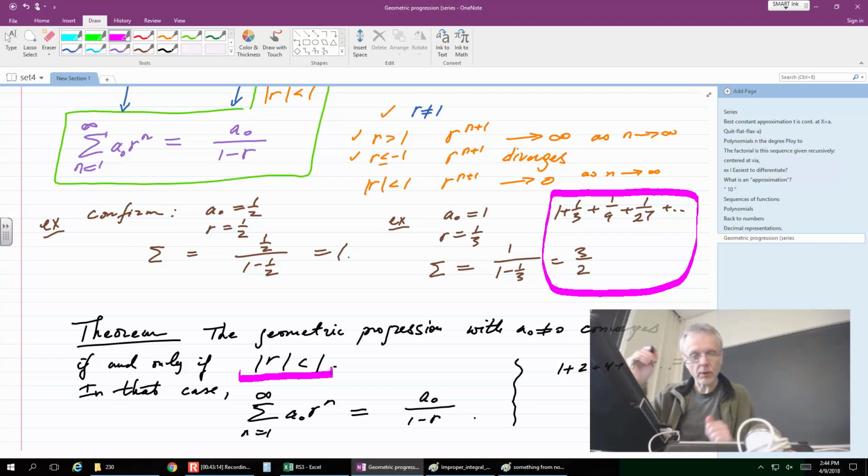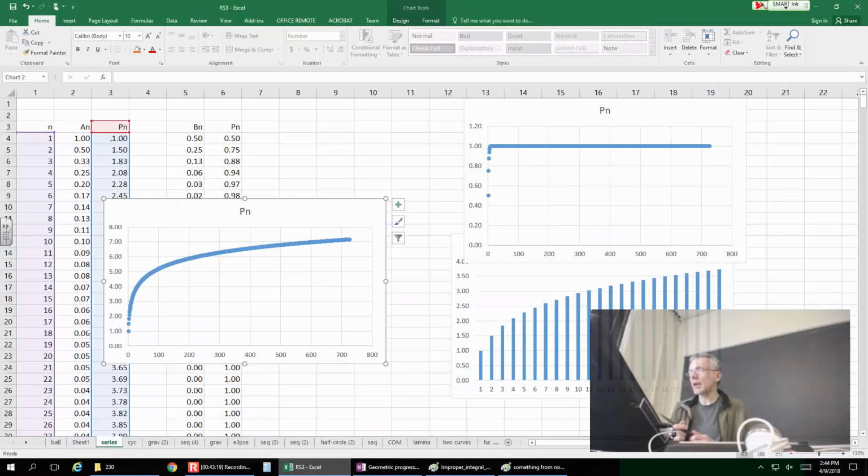Okay, so the geometric series, we can certainly take this one up and confirm the result.